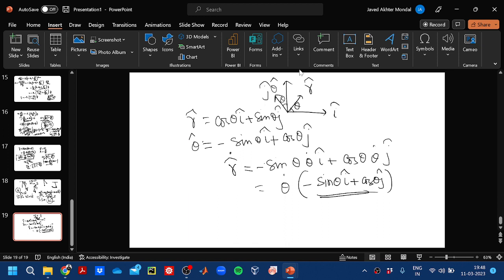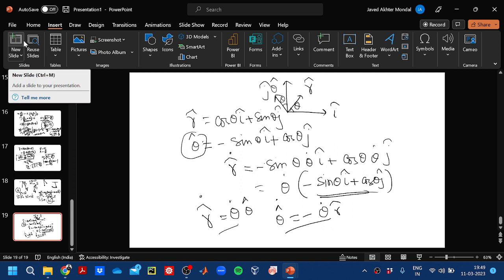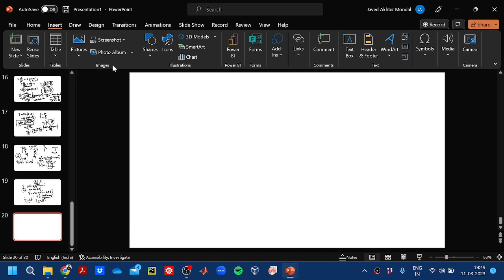But this is our theta cap direction. So the derivative of r cap will be theta dot theta cap. If we similarly calculate, we will see that the derivative of theta cap will be minus theta dot times r cap. If we use this value, then we can calculate the form of the velocity and acceleration in polar coordinates.